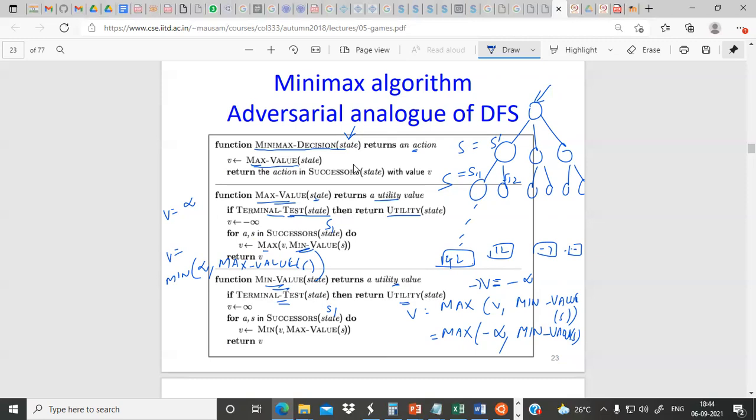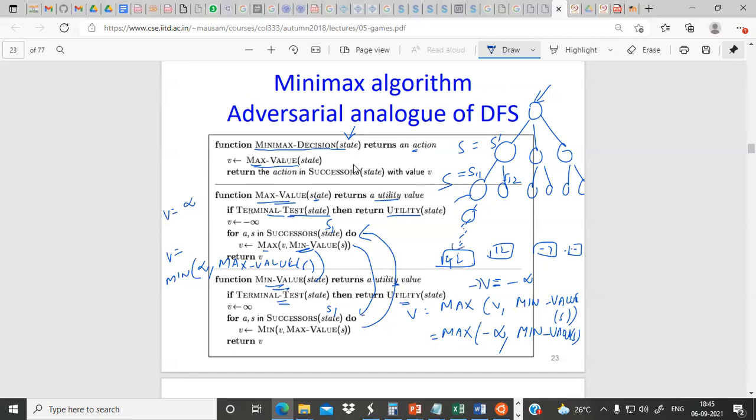Are you getting this? This max is calling this min, and this min is calling max, repetitively. So this node is passed again as a parameter to max, and it will create all its children. How long does it continue? Until it reaches the leaf node.